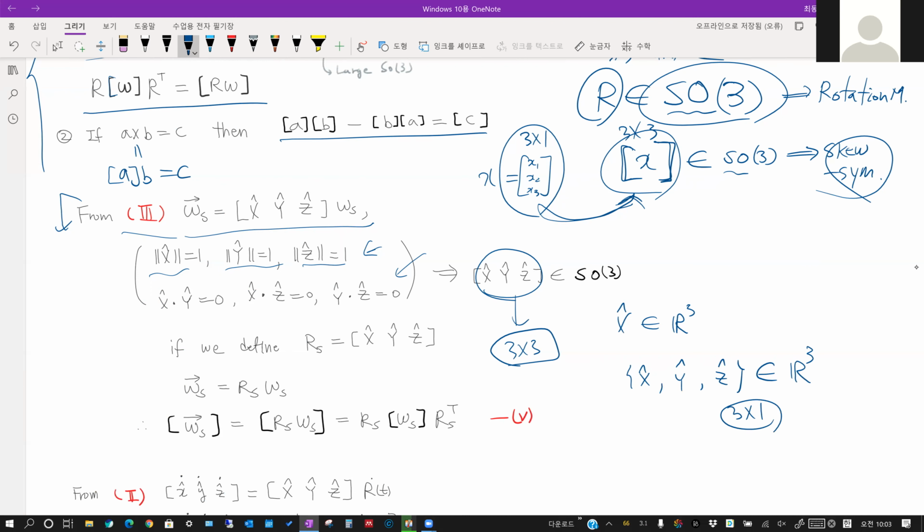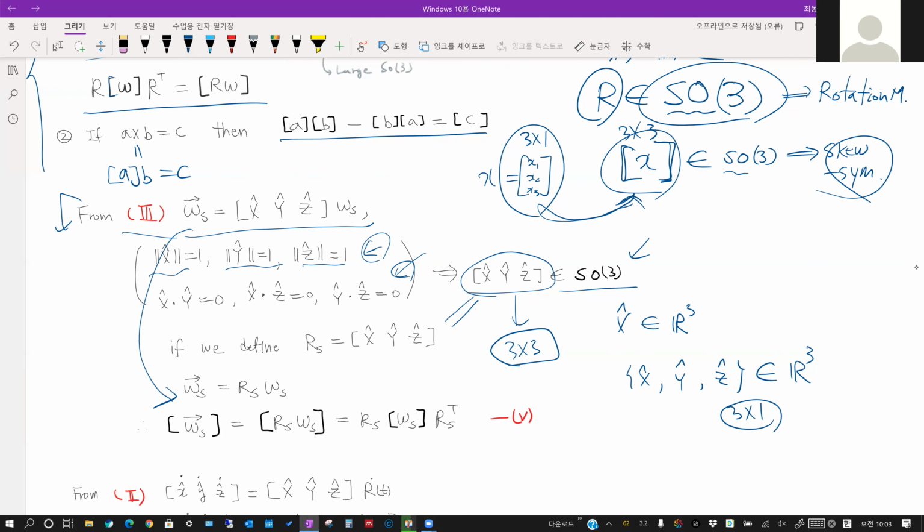Therefore, this matrix becomes 3 by 3, and it also has the unit vector property and orthogonal property. We can say this one is large SO(3), so we can think this one is a rotation matrix, and we can rewrite this one like this.